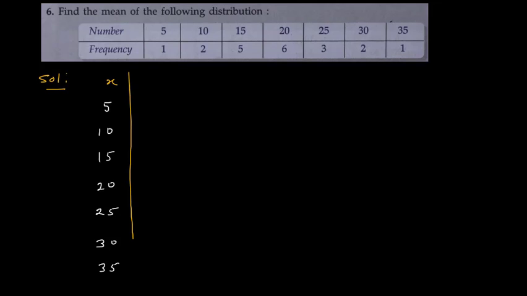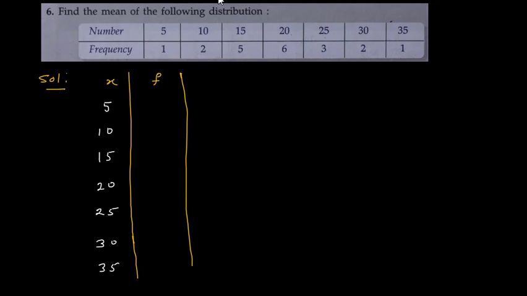If they have not mentioned any method, then better use direct method, if the data is small. If data is big, then you can use shortcut method or step deviation method, or in your problem they will mention which method you have to use.